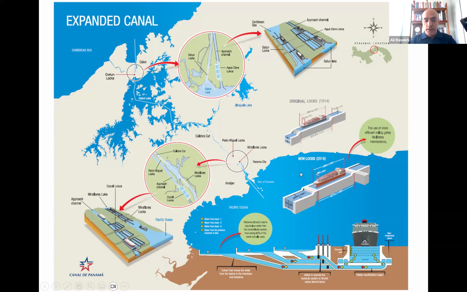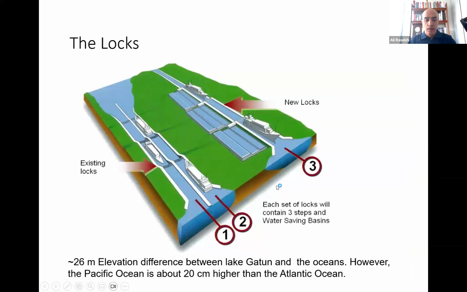Similarly on the Pacific side, there's another lock system. So the ships go up into this freshwater lake and then go down back to the ocean. This is Panama City, which is by the Pacific Ocean. Again, counterintuitive, the Pacific Ocean is on the right side. This is a close-up of the new lock system versus the old lock system.